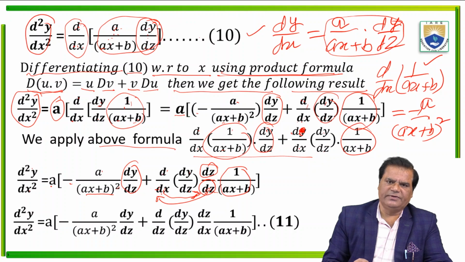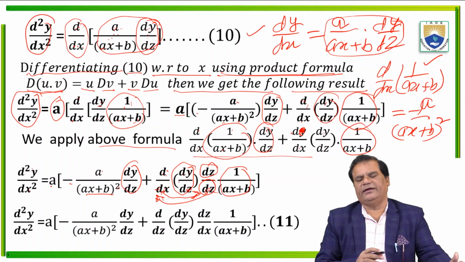So we get differential with respect to z, because inside is a function of z, dy over dz, so we can differentiate with respect to z. But outside it is differential with respect to x and inside differentiation with respect to z, so we want to write differential with respect to d over dz. This process is known as change of variable.